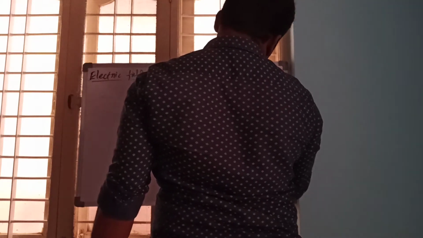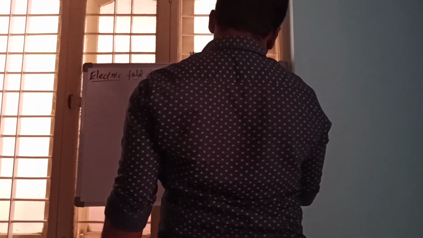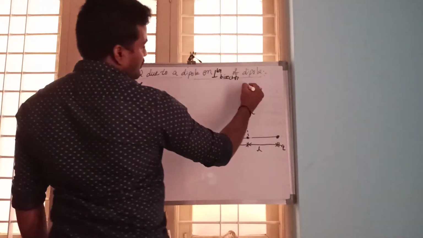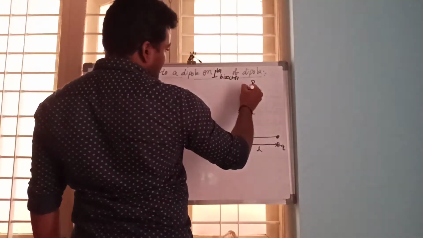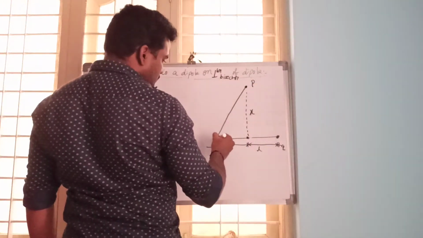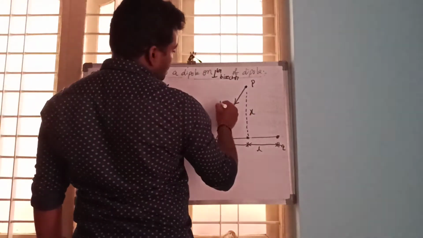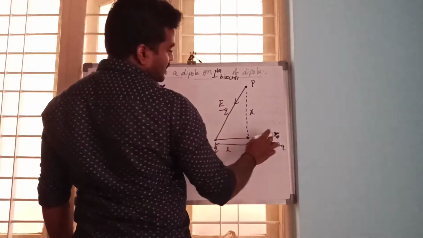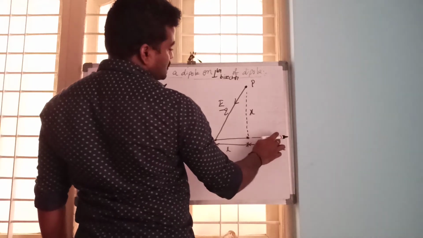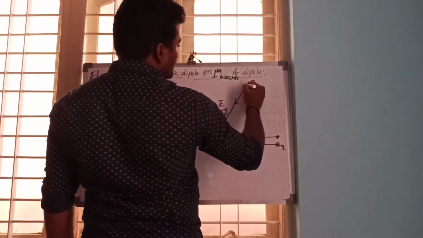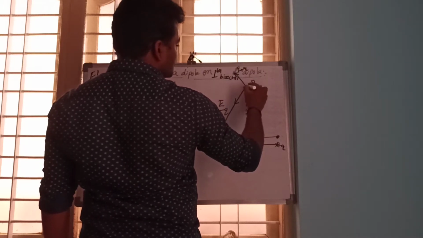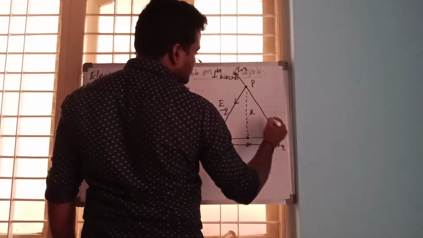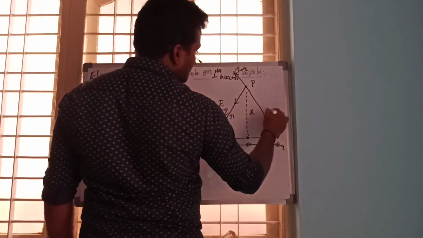It is at a distance x from the center of the dipole, and at a point P, because of minus q, the electric field will be towards the charge, and because of this positive charge, the electric field will be away from the positive charge, meaning away from the point, which are at a distance of r and r.